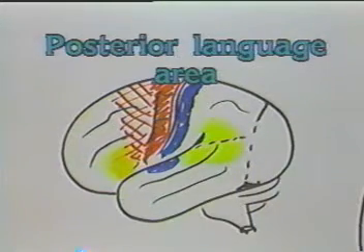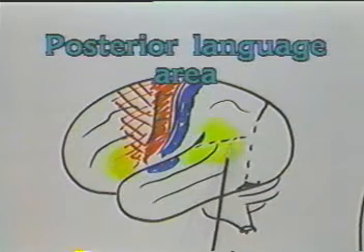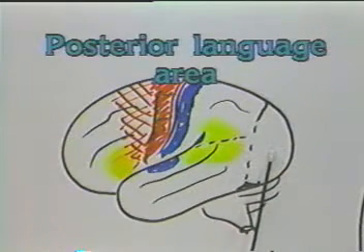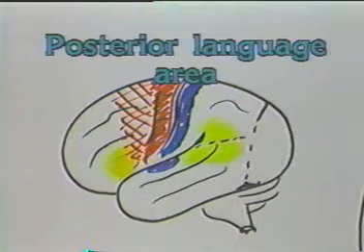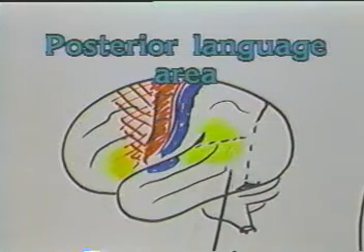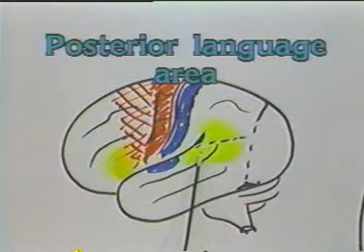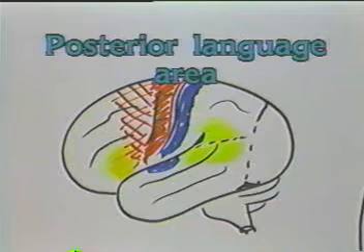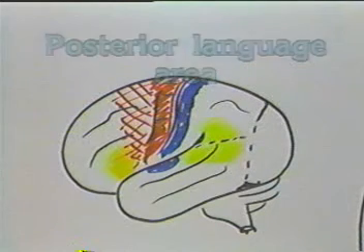Like this. The more posterior parts of this area, in the region of the angular gyrus, bordering here on the occipital lobe, are important for recognizing the visual forms of words, whereas the more anterior parts, here, close to the auditory cortex, are important for recognizing the spoken words.